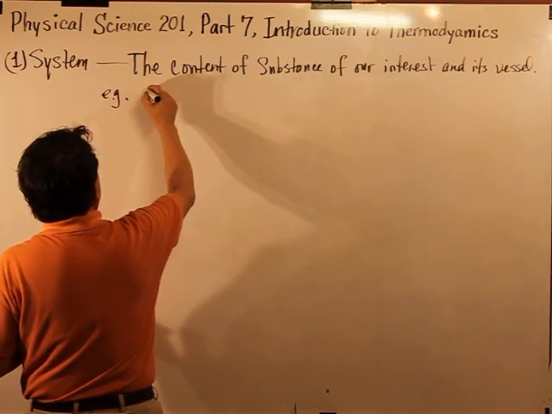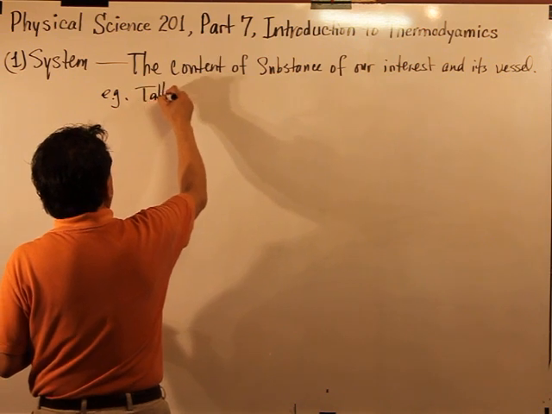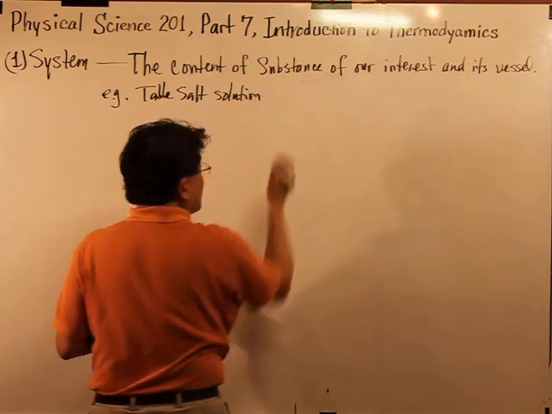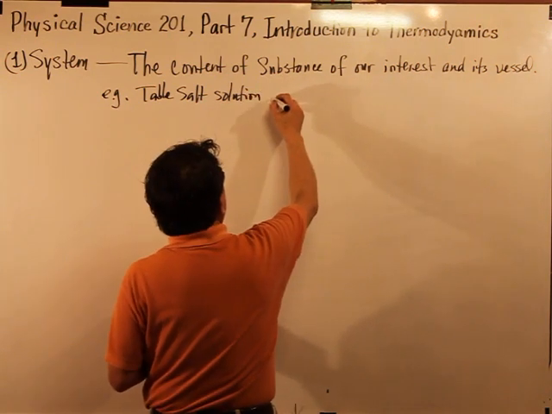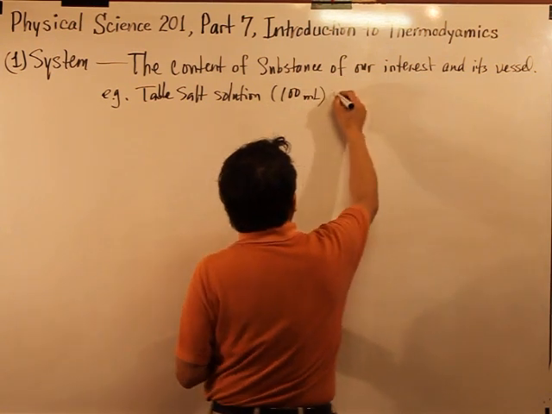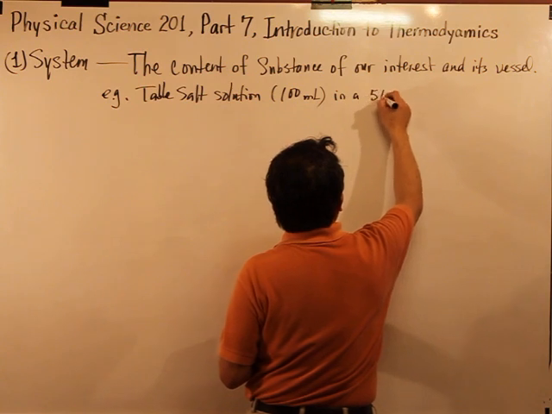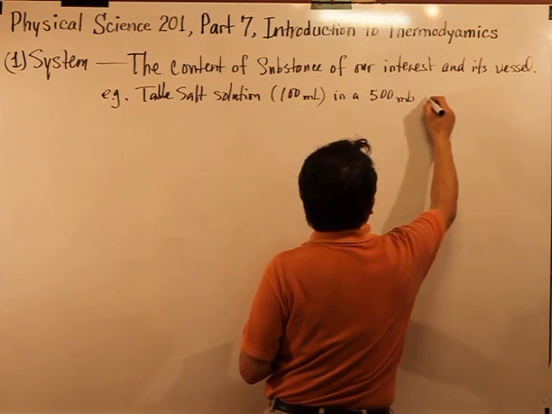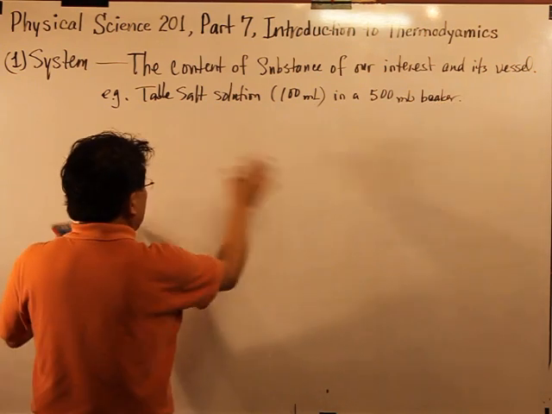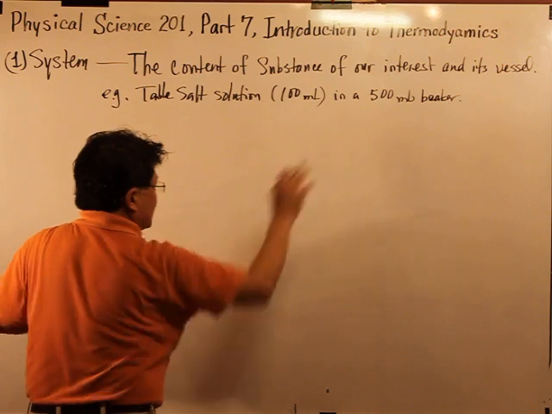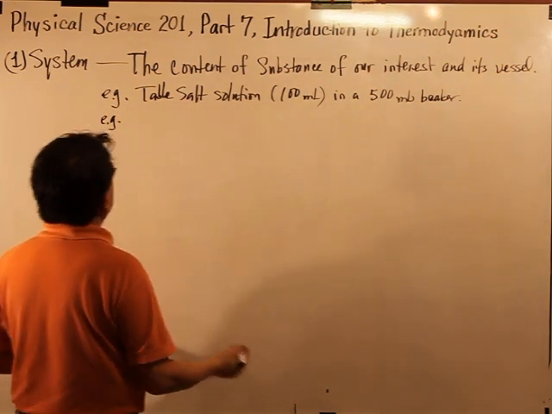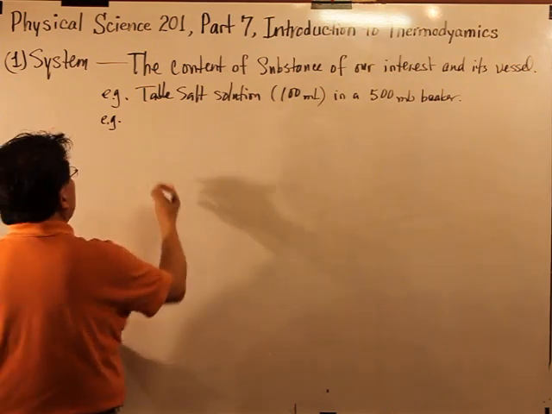Now, define as, so example can be in chemistry, right? A table salt solution, what's it called? Saline solution, correct? Saline solution, right? Let's say 100 milliliter saline solution in a 500 milliliter, a glass beaker. So this whole thing is called a system, right? Or another more general example, everybody would be able to apply, right?